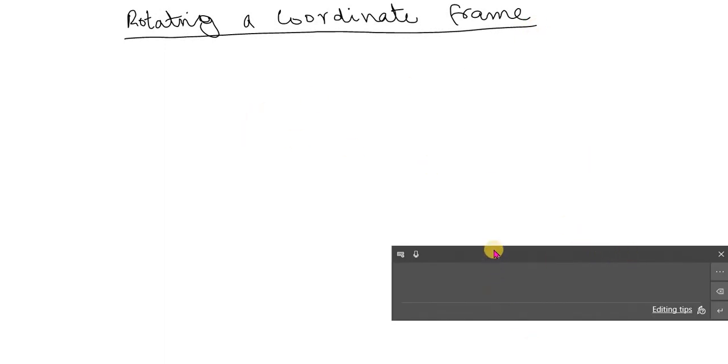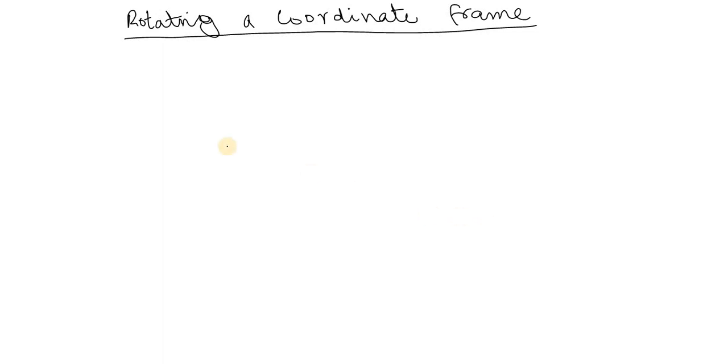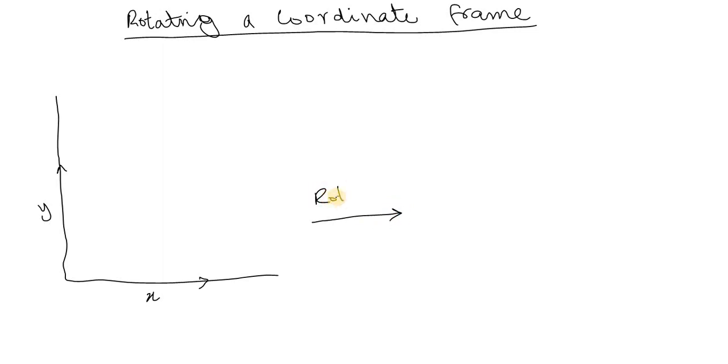So let's imagine we have a coordinate frame here, and this is the original coordinate frame. X component, and then we have Y component here. And now let's say after rotation we get a new coordinate frame which is like this.